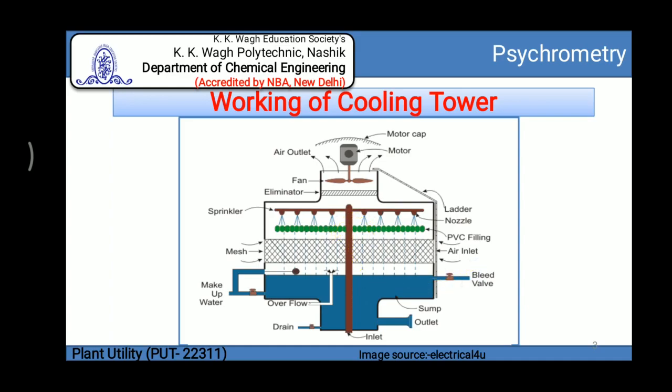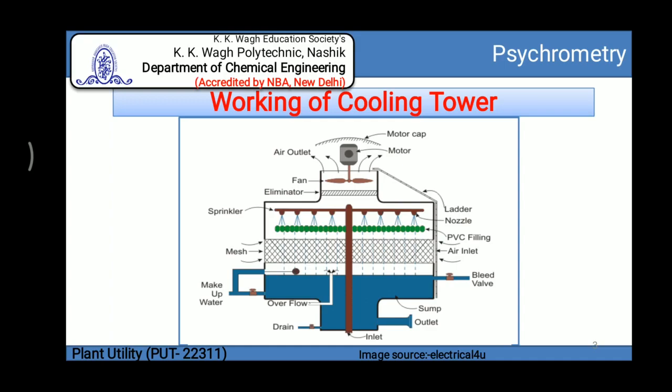The water falls on the fill material. The fill material is the zone where the intimate contact of air and hot water takes place. The fill material is also sometimes called packings or baffles. The purpose of the fill material is to increase the effective surface area which is responsible for heat transfer.